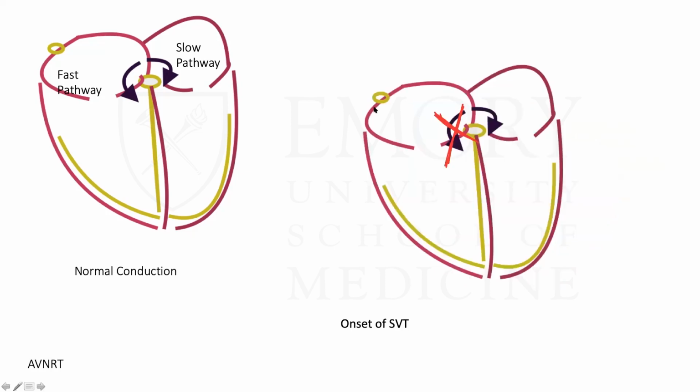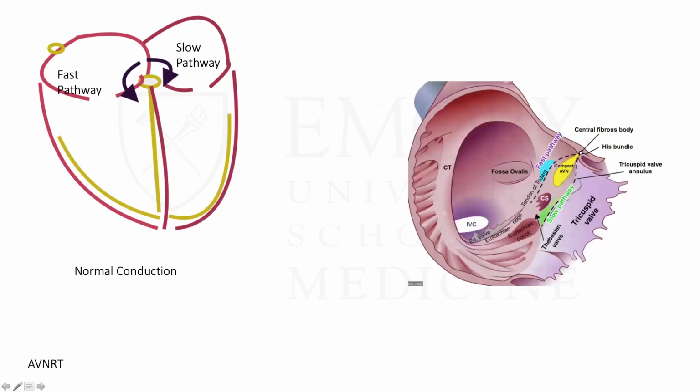The reason one is called fast and one is called slow is that the one can conduct the signal more rapidly. So the input will usually go down the fast pathway, but it becomes refractory more quickly than the slow pathway. If you have an extra beat come in, the fast pathway is more likely to become refractory first.